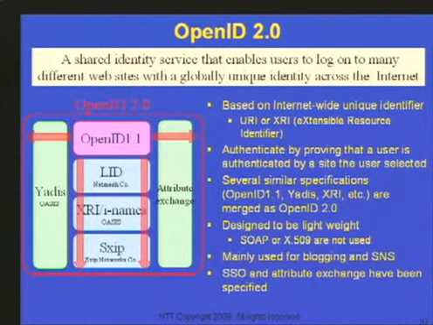But in the 2.0 version, similar protocols are merged into one, and at that time, OpenID was becoming very popular, and it's used in many major sites like Google, and recently Windows Live announced support for OpenID.